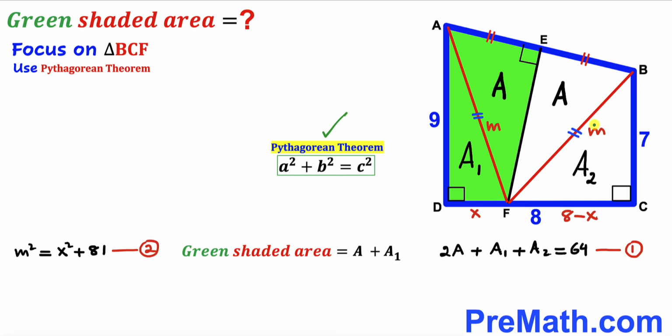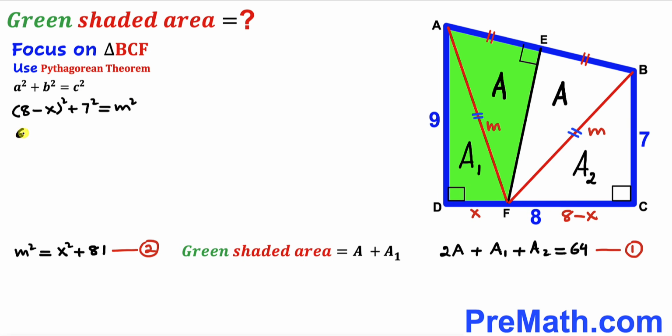In our case, our hypotenuse is m, whereas our two other legs are 8 minus x and 7. Let's go ahead and fill in the blanks in this Pythagorean formula. So we got (8 minus x) whole squared plus 7 squared equal to m squared. Let's simplify.